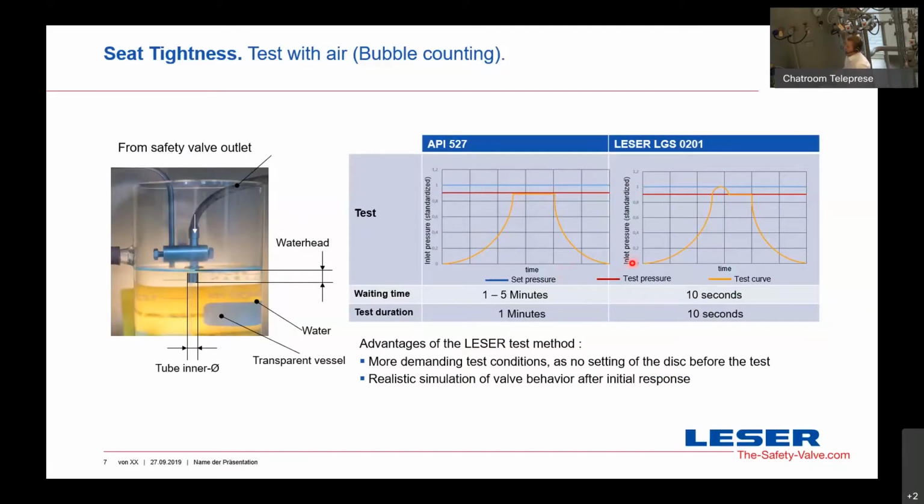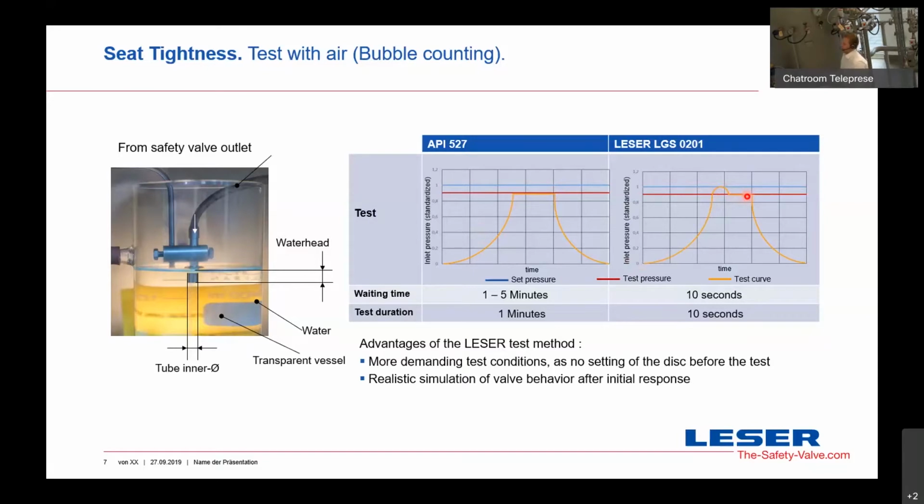In our LESER global standard, we go first directly to our set pressure. This means we have the initial audible discharge. Then we go down to the test pressure, which is 90% of your set pressure. Then we have a waiting time and a test duration time where we count the bubbles.